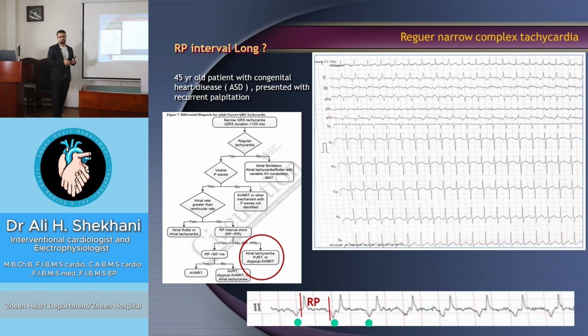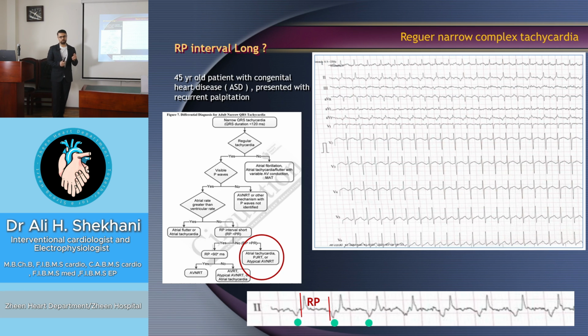If it is regular, look for the P wave. If the P wave is not present, it is most likely AVNRT. If the P wave is present, correlate the P wave to the QRS, whether one P wave or two P waves. If the P wave is greater than the QRS, it could be atrial flutter or atrial tachycardia.